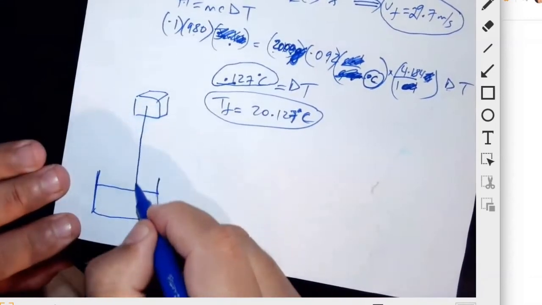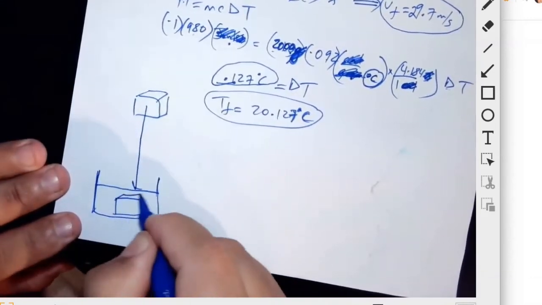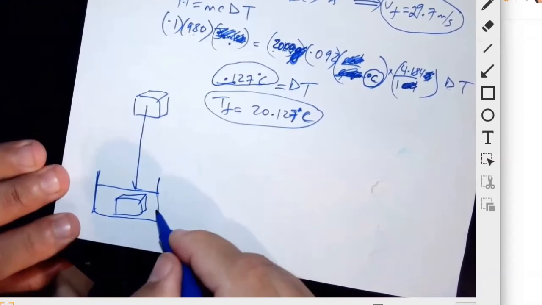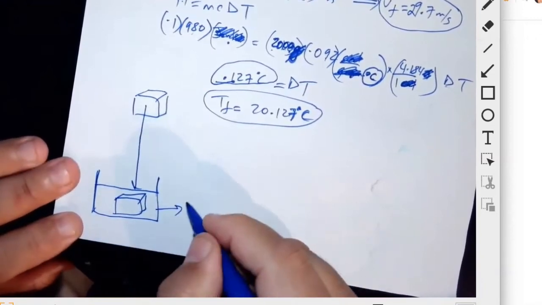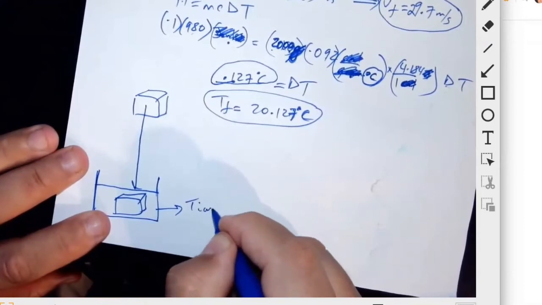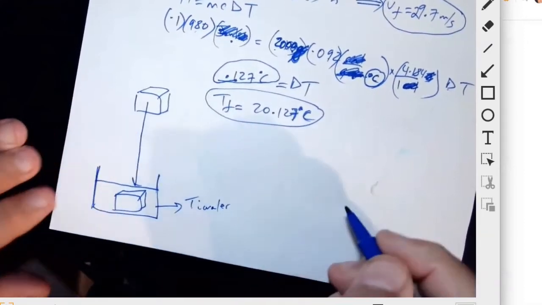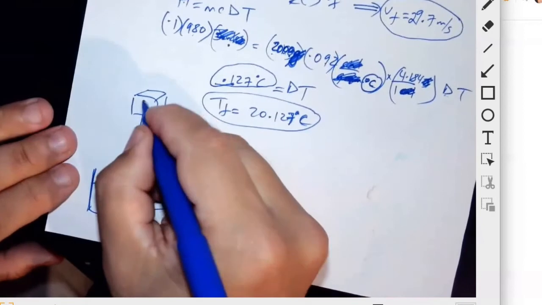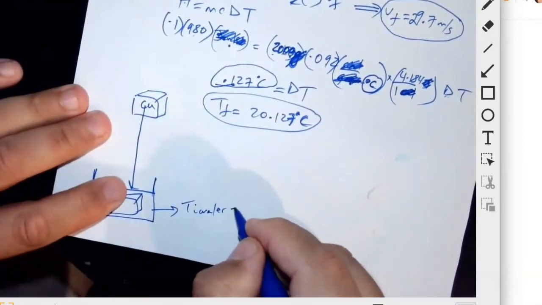The aluminum is falling, and then there's water here. Oh, sorry, this is copper. Water.